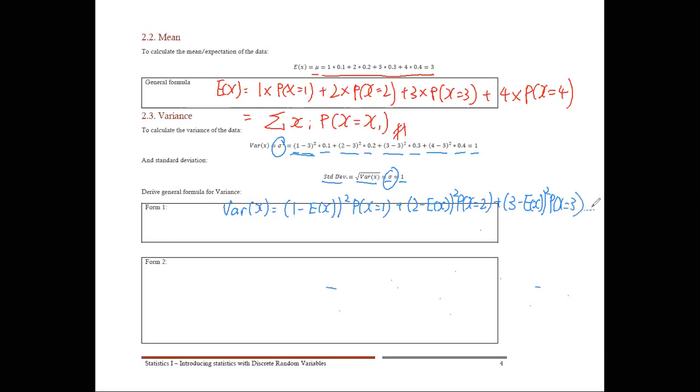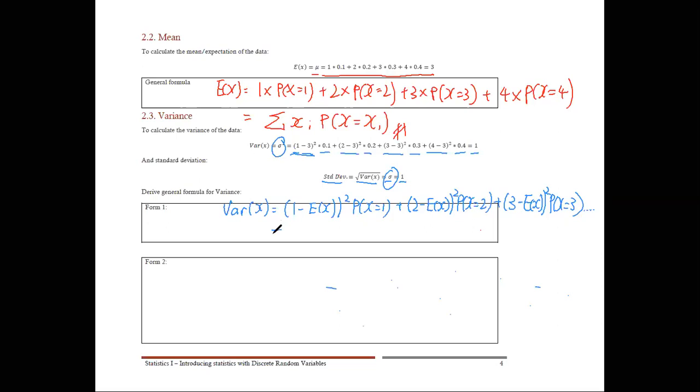I'm not going to write the last term. You know what it's going to be: 4 minus the expectation squared times P(X=4). So you see, for every term we use the random variable minus the expectation. Again, very logical because we want to know how much deviation every term is from the norm.